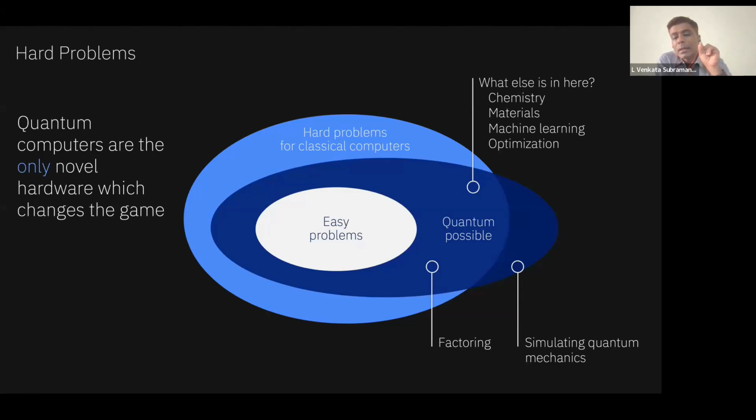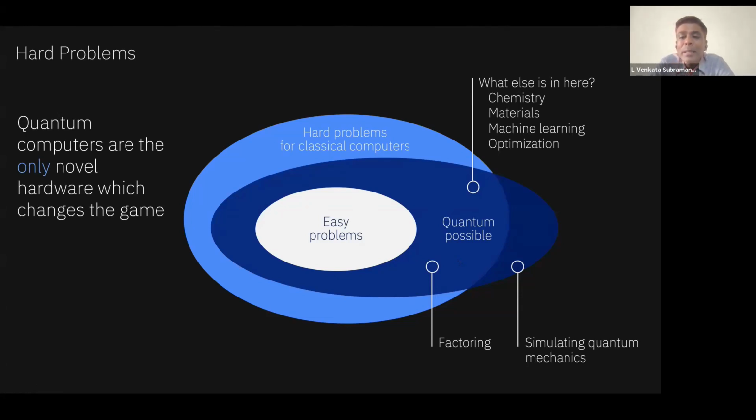And this dark blue here is what quantum computers seem to be good at, right? We just saw that factorization, which takes billions of years, can be done in a few hours on a quantum computer, at least mathematically so far.